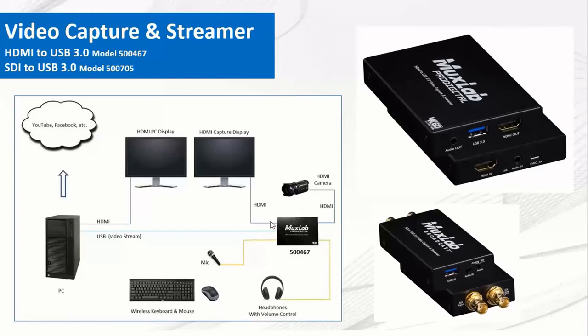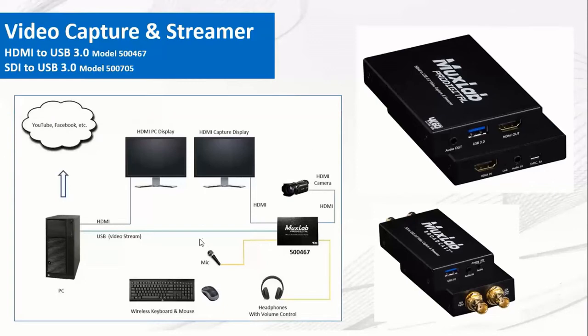And you get an output out of a local monitor. So you've got a loop out to see what's being filmed. And at the same time, the content is being sent via USB to a PC, where at that point you can either record the information that's being captured, and you can also transmit it to YouTube, Facebook, or other services like that.